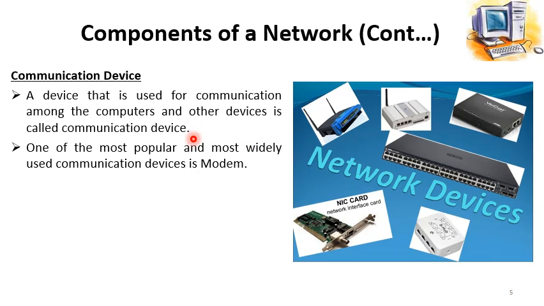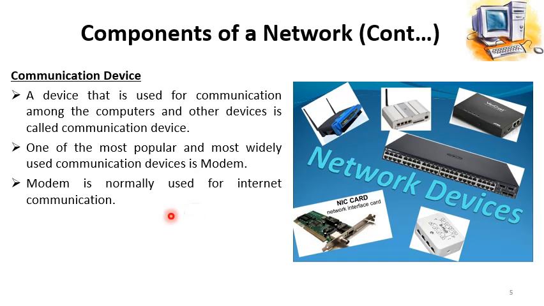These functions are called modulation and demodulation. Both of these functions are performed by the modem, which is a network device. We will study the function of modem later on in the coming lessons in more detail. Modem is normally used for internet communication.